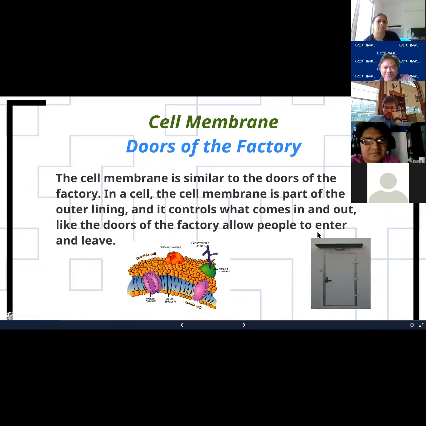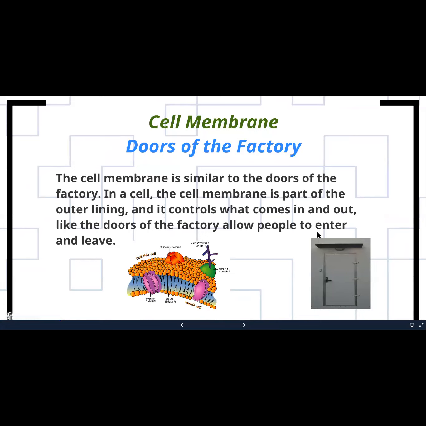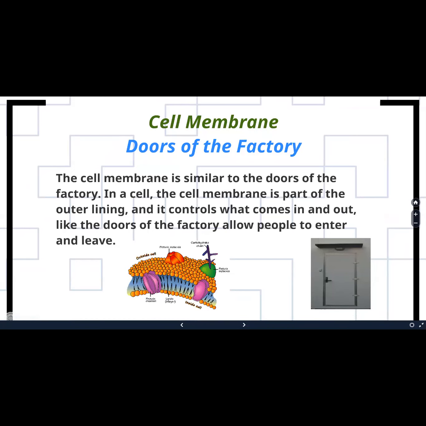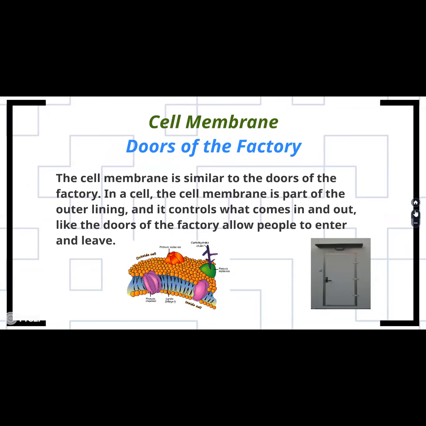Here the definition: the cell membrane is similar to the doors of the factory. In a cell, the cell membrane is part of the outer lining, and it controls what comes in and out. Like the doors of the factory allow people to enter and leave.